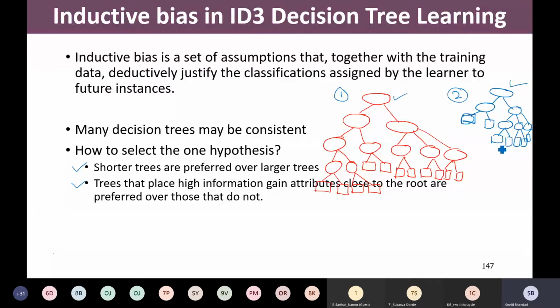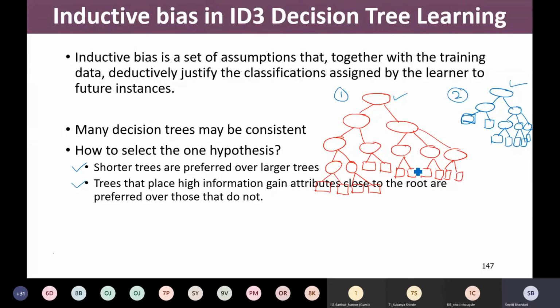So the inductive bias that we are having is to prefer the shorter trees because it will give us quick results. If we are having trees with larger heights, then to arrive at the prediction, we need to traverse many decision nodes, and it will take more time.